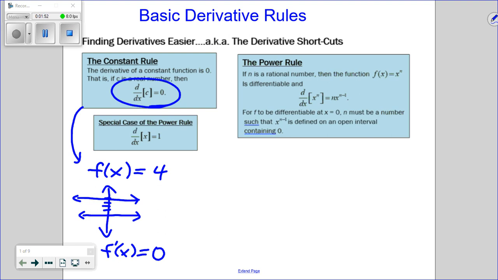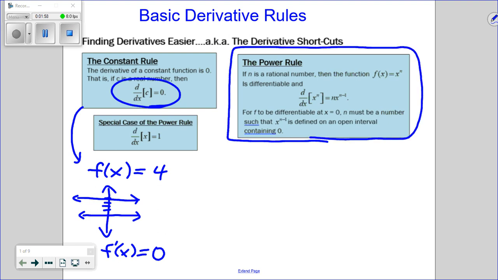Okay, now, our next rule is called the power rule. And let me just say, we will use this a lot. And eventually it'll just become second nature. You won't even have to think power rule, you'll just do it. Okay, so the power rule is a way to find the derivative of a function that's in the form of x to the n power.